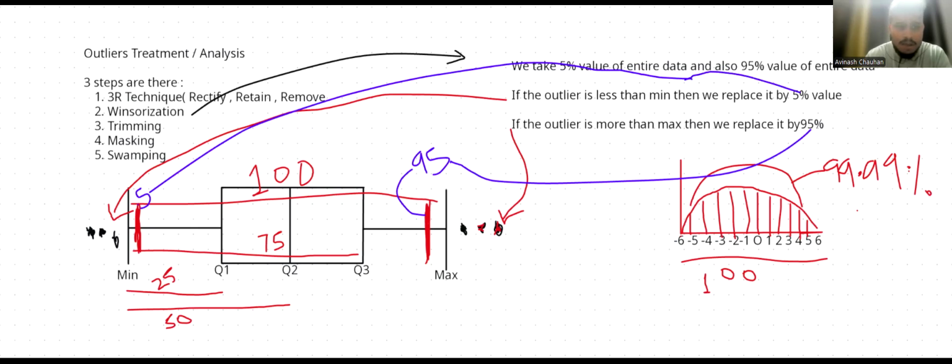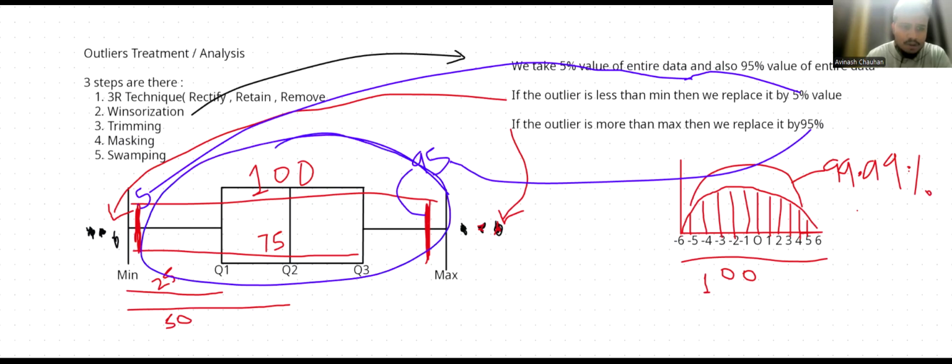What we are doing is taking the average of this 5% of entire data from here and putting it instead of these outliers. And instead of maximum, we are taking this entire data, 95%, my bad, this entire data.